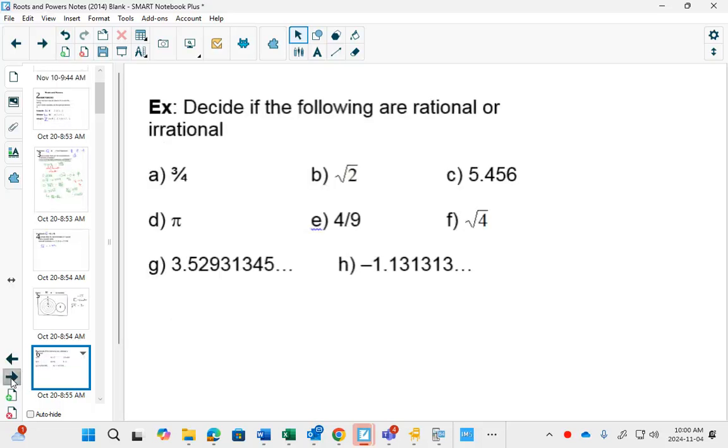Okay. So, take a look at these numbers. And I either want you to put the symbol of rational numbers or irrational.